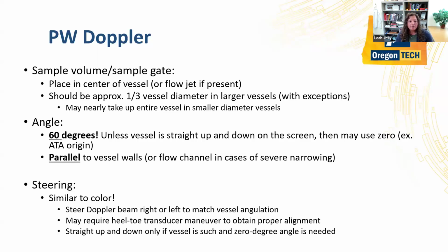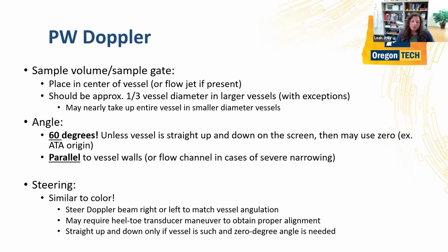And also your angle should be parallel to the vessel wall or that flow jet if you happen to have one of those. And I'll show you what these are in a minute. And then the steering is very similar to color. So you want to steer your Doppler beam right or left along with the vessel angulation. So your color box is steered one way, your pulse wave should be steered the same way as the vessel is leaning.